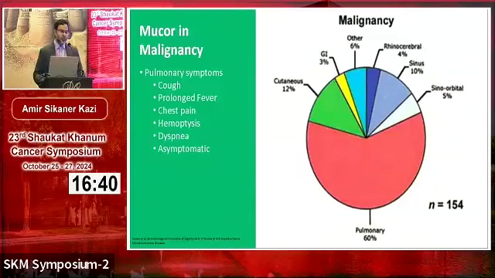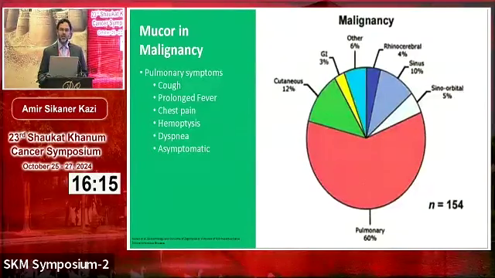When we look at mucor in malignancy in particular, the most common manifestation is going to be pulmonary mucor. This is different from, let's say, diabetic mucor, where we're seeing more rhinocerebral. But in malignancy in particular, more than half the cases involve pulmonary mucor with cough, prolonged fever, chest pain, hemoptysis, dyspnea, or even asymptomatic infection.